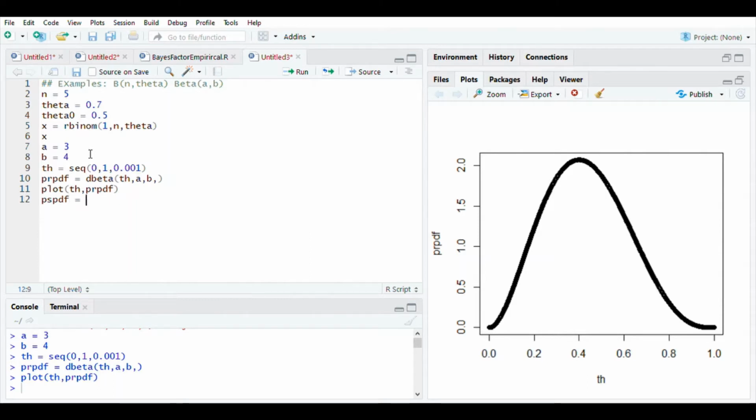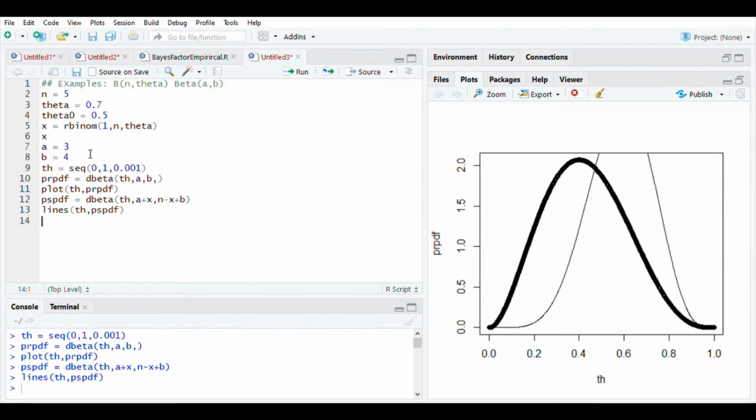It is not needed actually, but I am doing it just for our understanding. So it will be a plus x and n minus x plus b. So let us see what we get. Okay, so the mode has now shifted towards the right side. This is what was expected to happen.